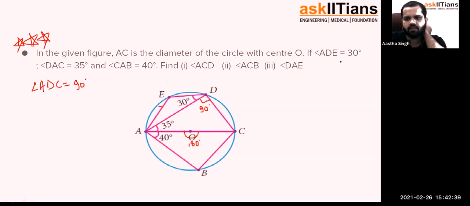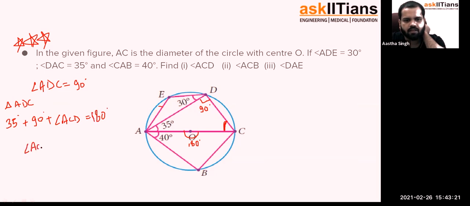So the question is asking, if angle DAC is 35, okay, so all the angles are here. You have to find angle ACD. Just tell me how much this angle will be. If you look at triangle ADC, in ADC, the sum of all angles will be equal to 180 degrees. It means 35 plus 90 plus angle ACD will be equal to 180 degrees, or not?